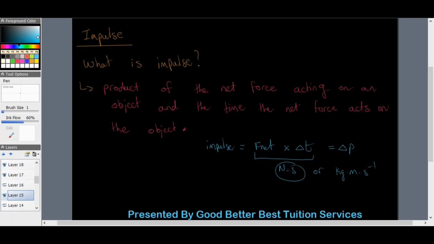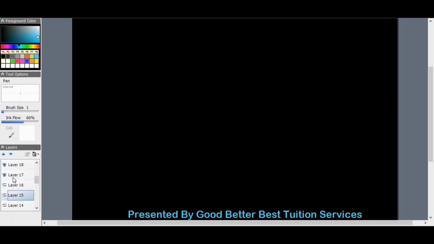Now, how does this part of the formula come about? Let me explain. It is called the impulse momentum theorem.